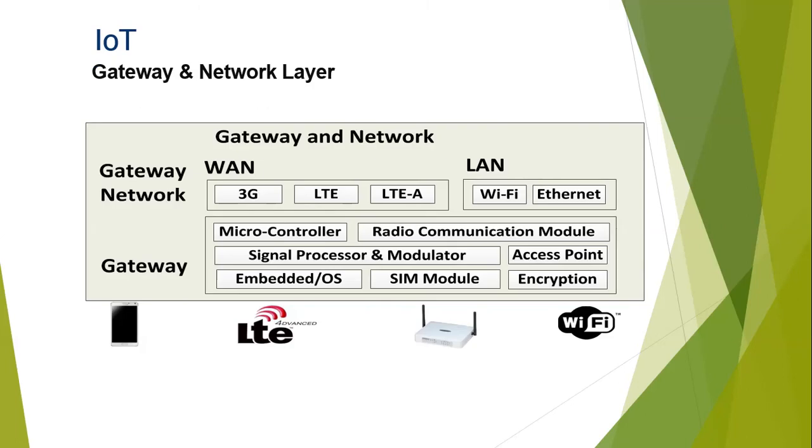Then we look at the gateway and network layer. We reach layer 2, and at this layer the gateway needs to include a microcontroller, access point, embedded operating system, SIM module, encryption unit and the like. On top of it is our gateway network, which connects the gateway and sensor information together.